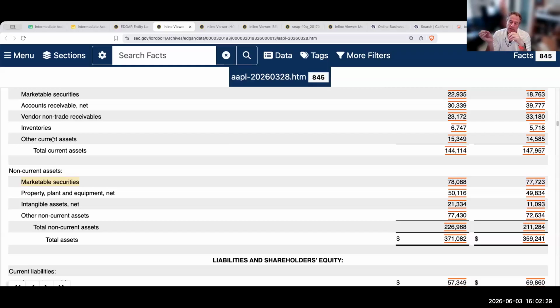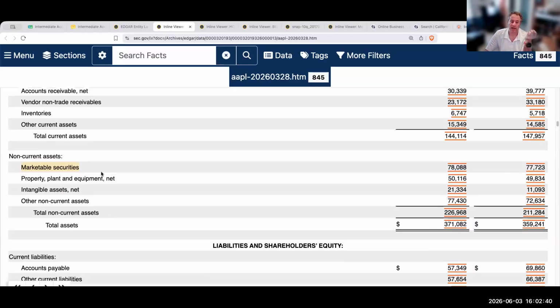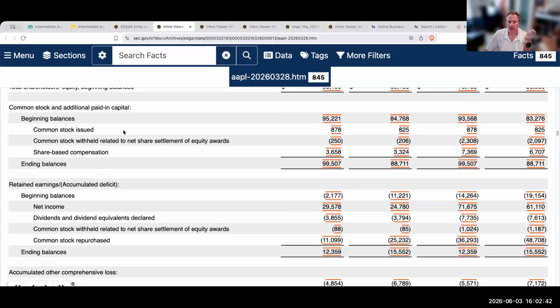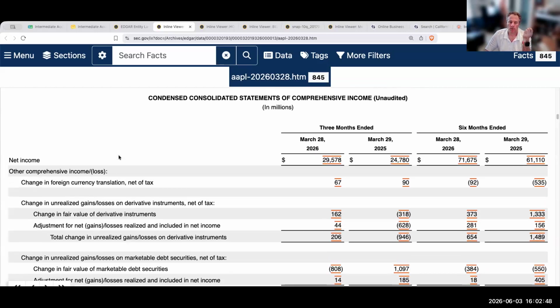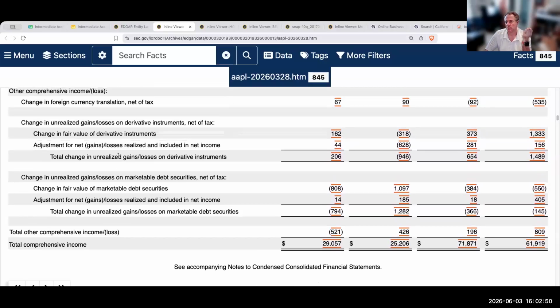When we do that, it's either going to trigger a gain on the income statement under certain conditions, even if we're not selling it, or we just have to update it, which will then go into comprehensive income, which is not net income. It's rather something we're using to balance out our financial statements.